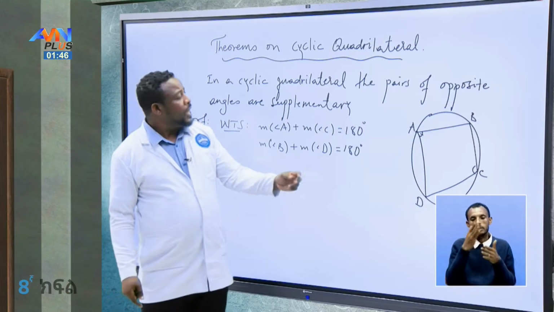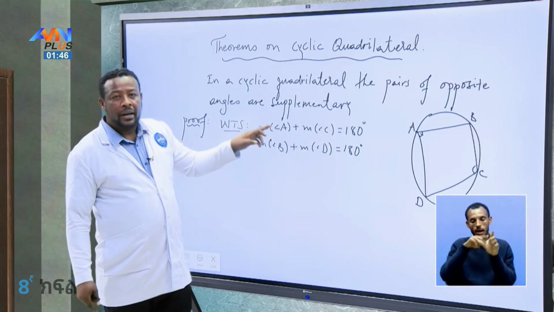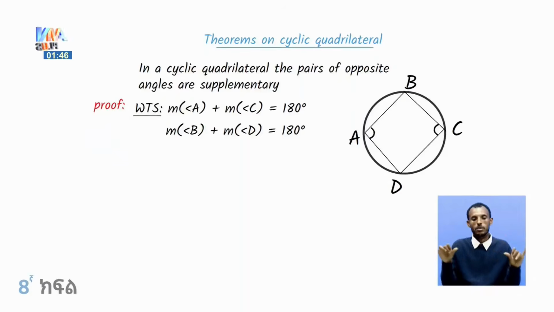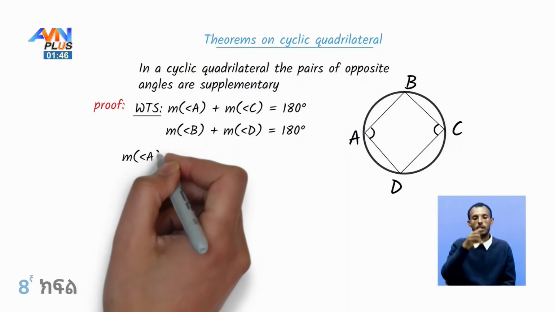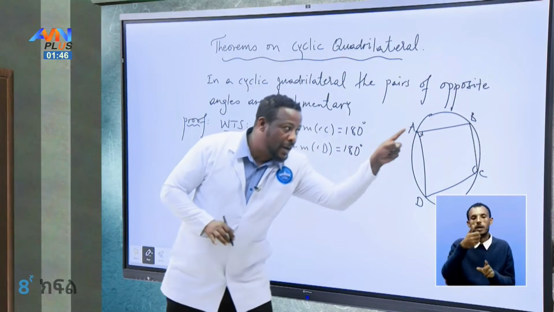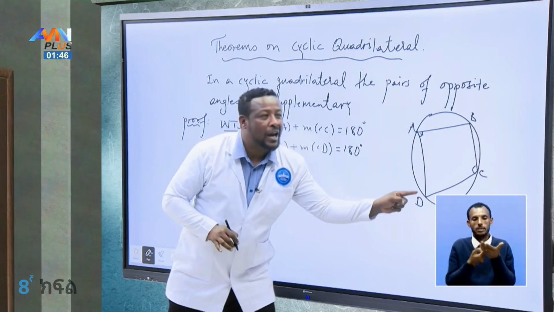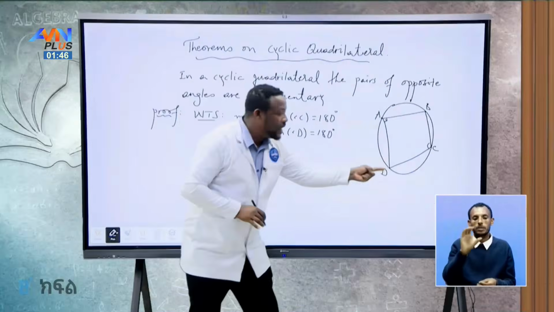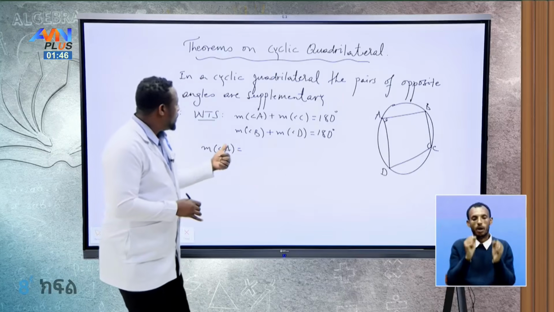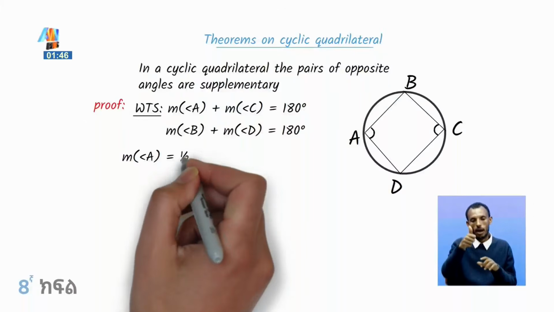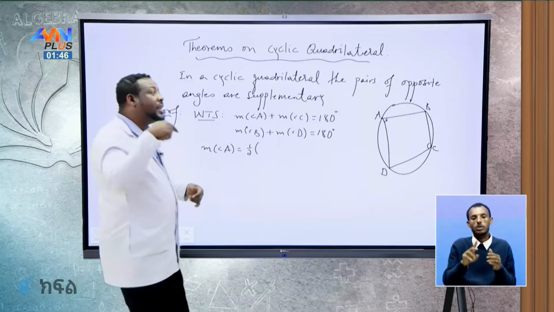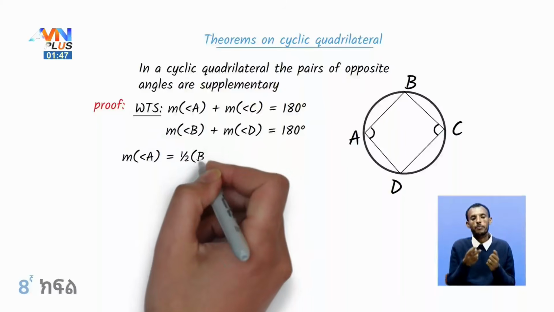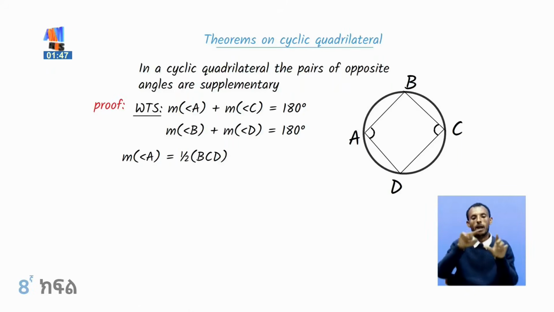Now take angle A first. Since angle A is an inscribed angle subtended by arc BCD, the measure of angle A is half of the arc subtending it, based on the theorem that we have already seen. So this is half of the degree measure of arc BCD.